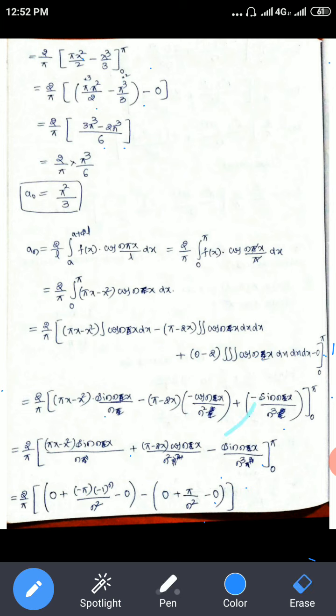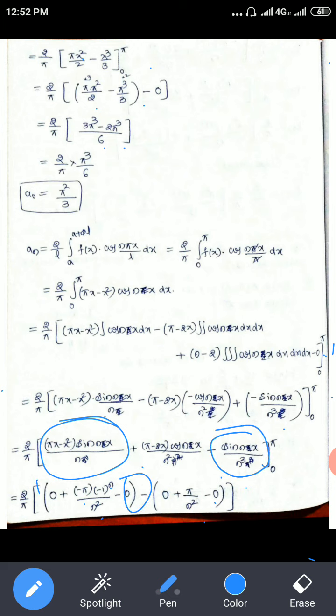So as usual everything is fine. Substitute nx equal to pi. Sine n pi is 0 in the upper integral, cos n pi is minus 1 raised to n, pi minus 2 pi, that is minus pi, divided by n square. Again sin n pi is 0.